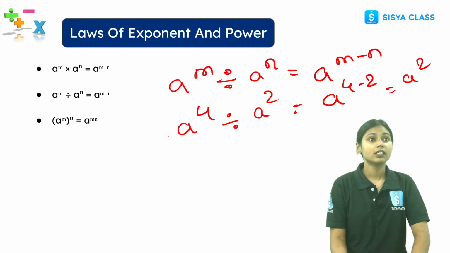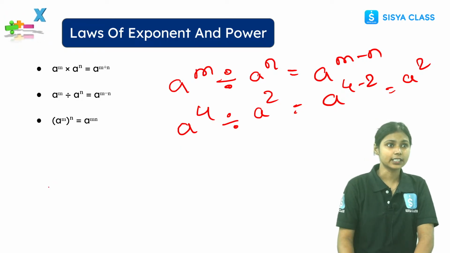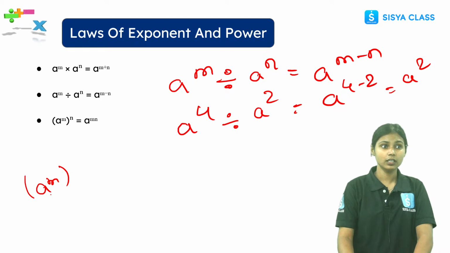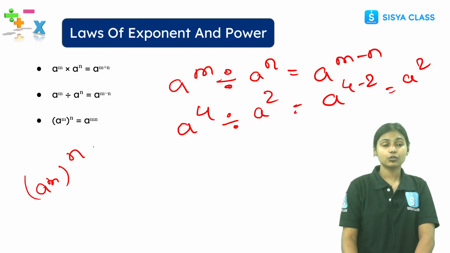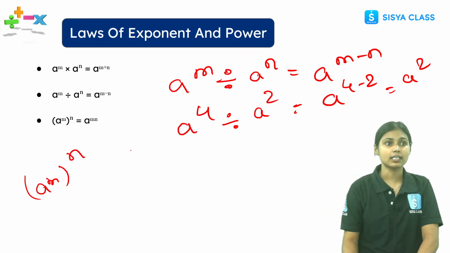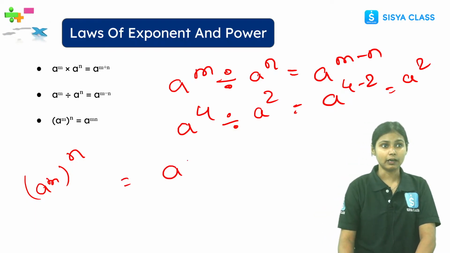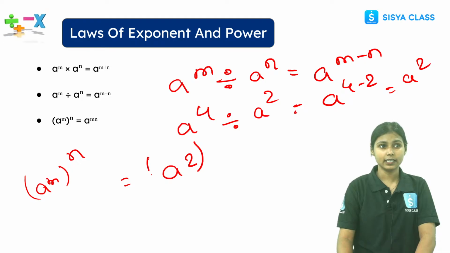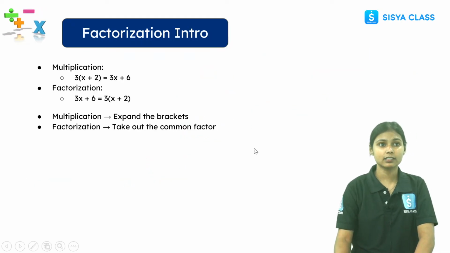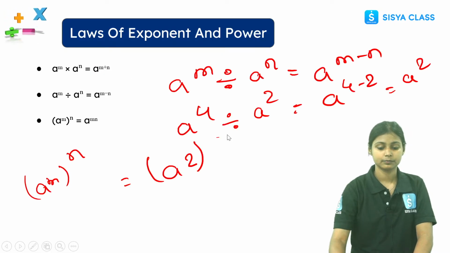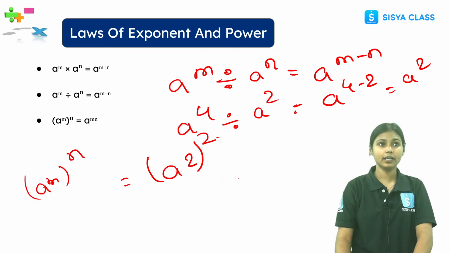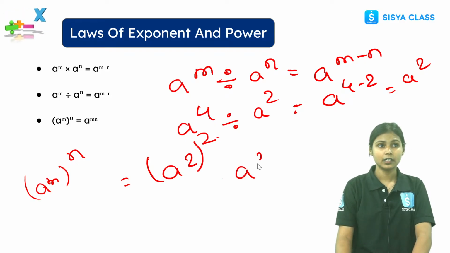Clear? Then let's talk about the third case, where a to the power m whole to the power n. Then in that case we are going to multiply the powers. For example, a to the power 2 and then the whole power will be 2. So in that case the power will be a to the power 2 multiplied by 2.